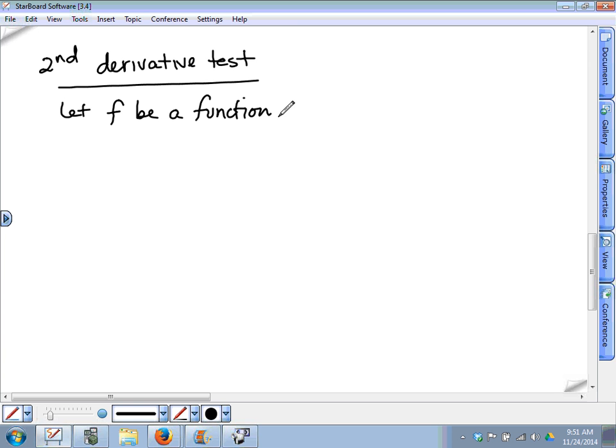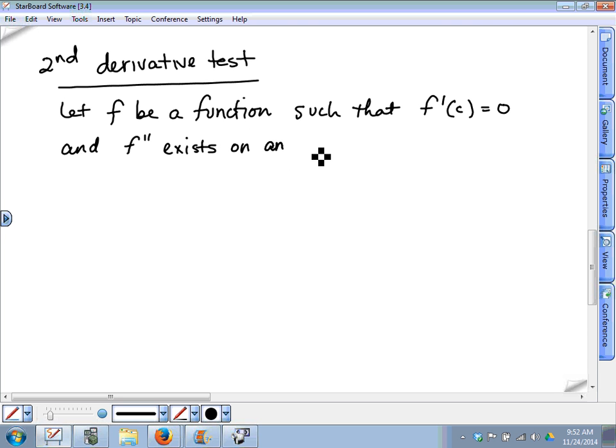Let f be a function such that f prime of c is equal to 0, and f double prime exists on an open interval containing c. Now we talked about this last time. We didn't write it down.